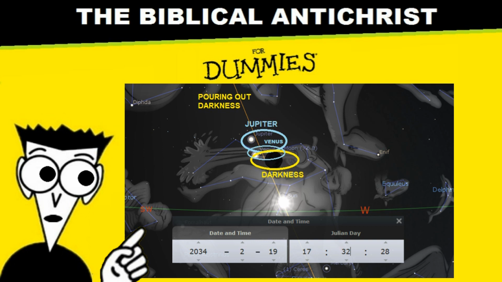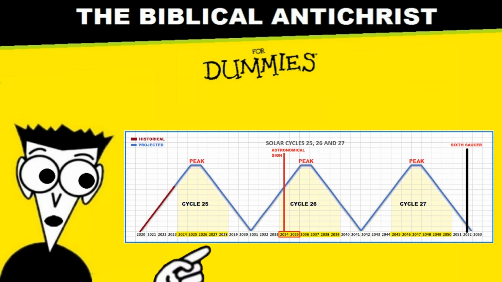The astronomical signs in the heavens feature the black moon in the pouring out action, the sun in Aquarius, with the messenger Zadek, or Jupiter, are all featured as signs in the heavens, along with the presence of Venus. This astronomical sign in the heavens occurs on February 19th, in the year 2034. This astronomical sign occurs in the early part of solar cycle 26. But because it is still prophetic, we have no idea how precise that sign will be to the event.